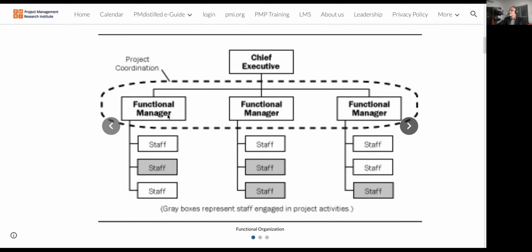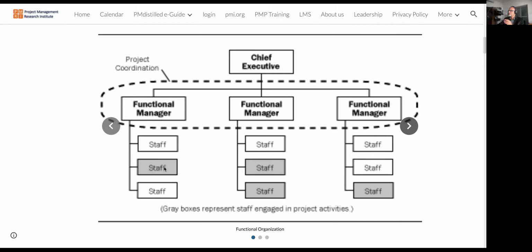Now, if you want to implement, let us say, an ERP system within this organization, they'll pick up one person from a department and make him a project manager. But at the same time, all the decision making powers are with the functional manager only.